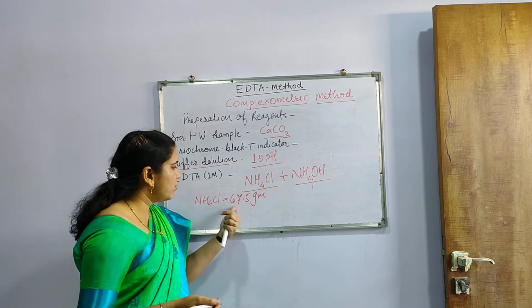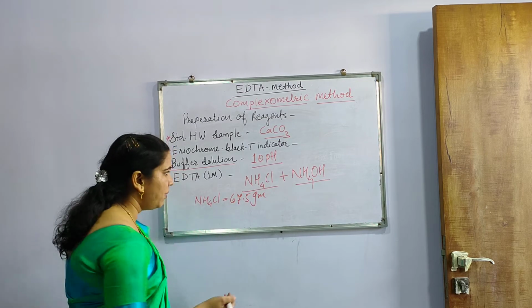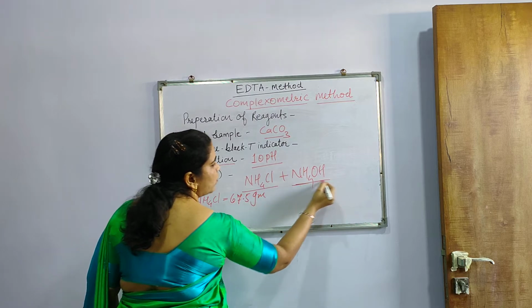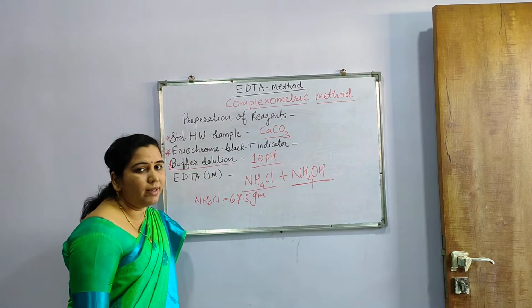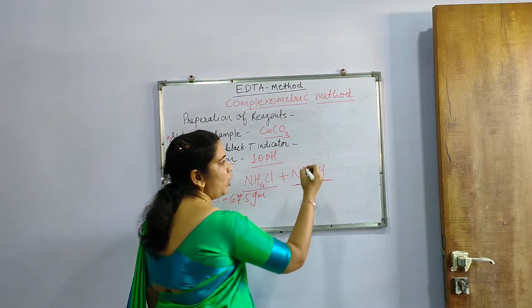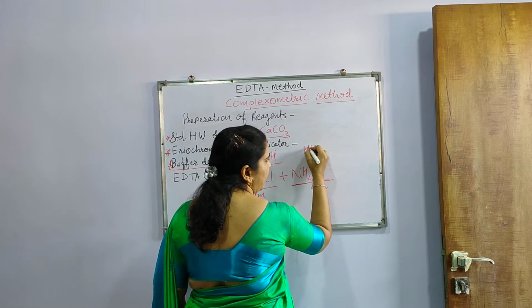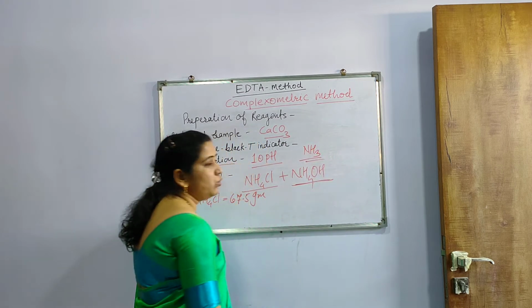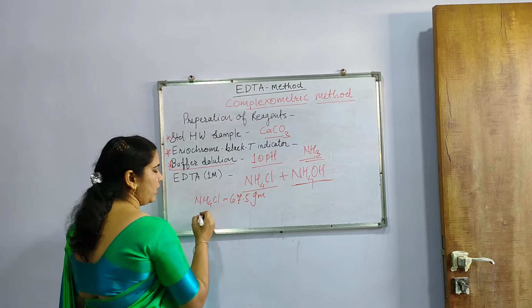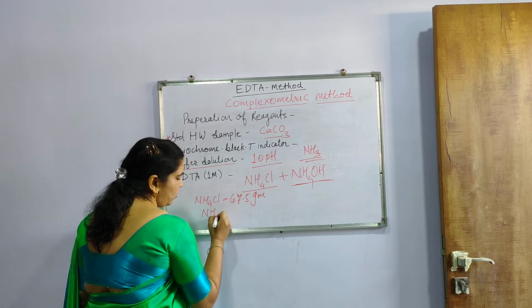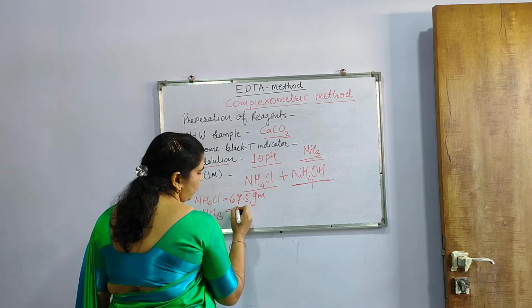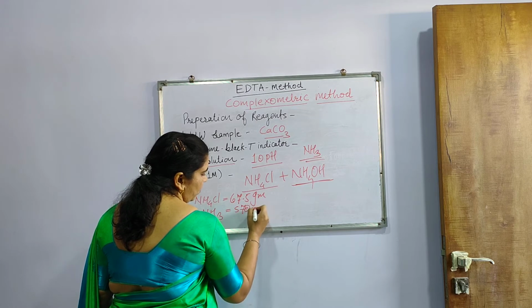While NH4OH, that is ammonium hydroxide, is made from concentrated ammonia, NH3. So we have to use liquor concentrated ammonia, up to 570 ml.